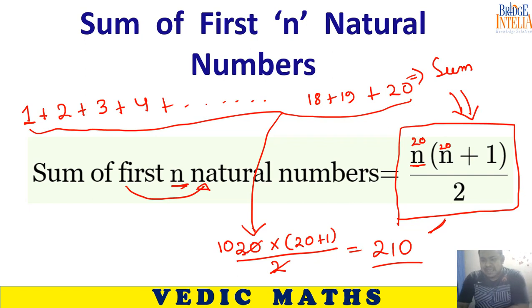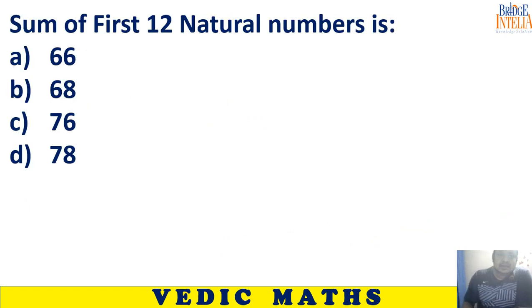Now we are going to have a look at some very good questions, from the easiest to the most difficult, that can be asked from this concept. So let us begin. Here the question says find the sum of first 12 natural numbers. So basically in place of n they have written 12.